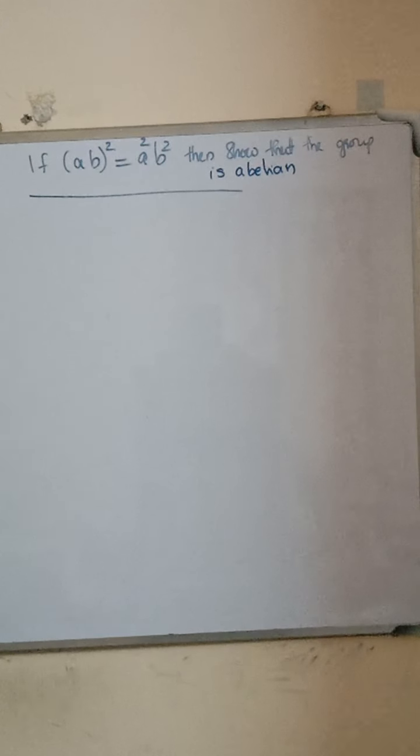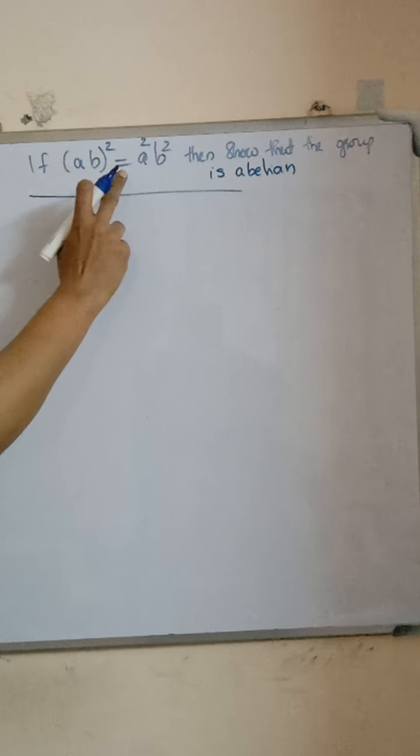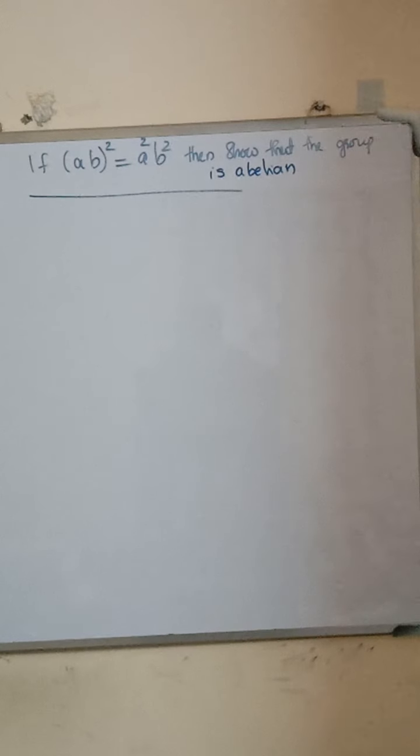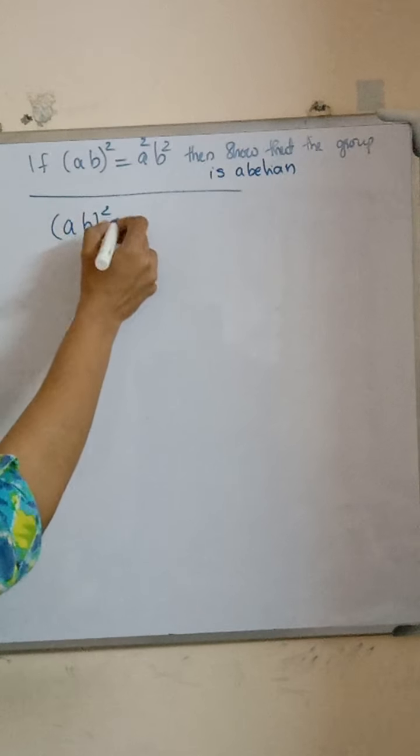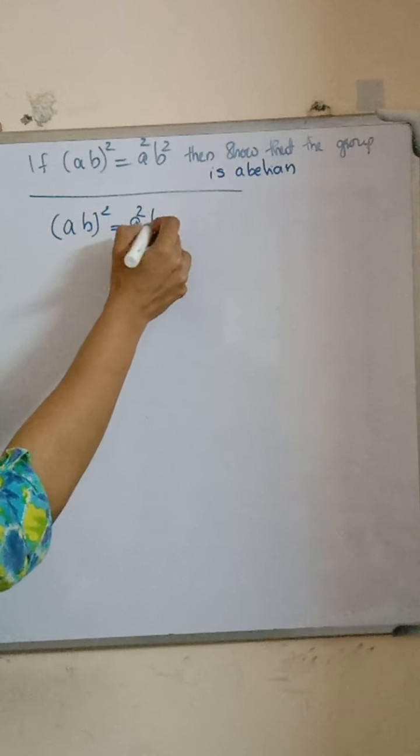Next problem. If (AB) whole square equals A square B square, then show that the group is abelian. We have (AB) whole square equals A square B square.